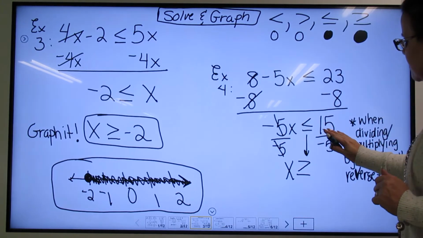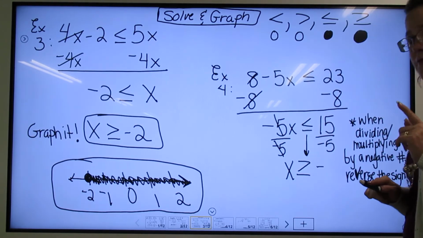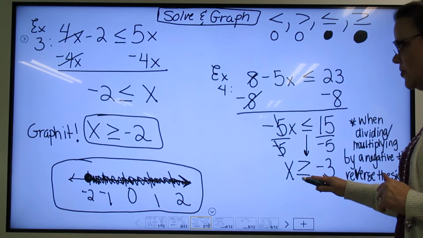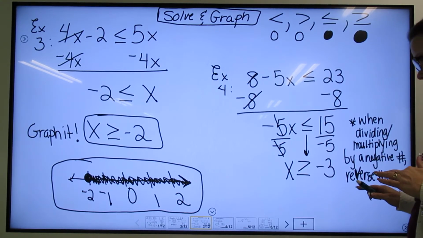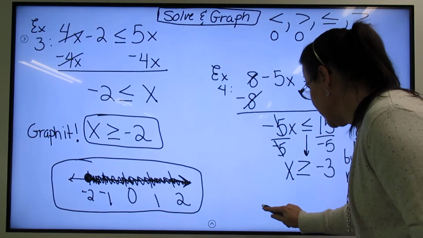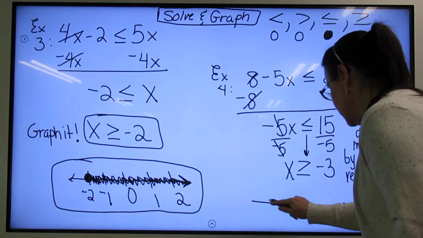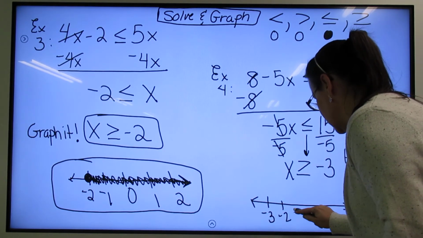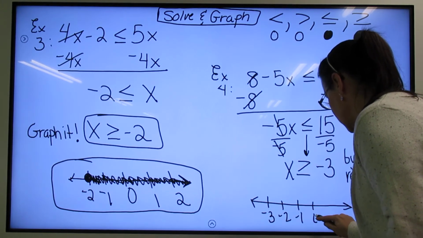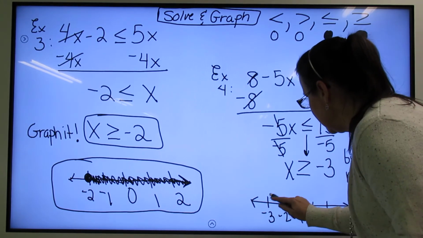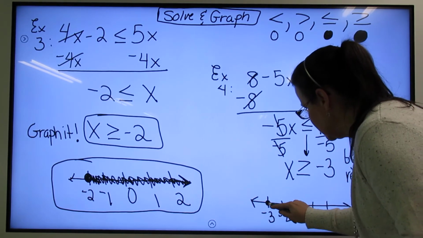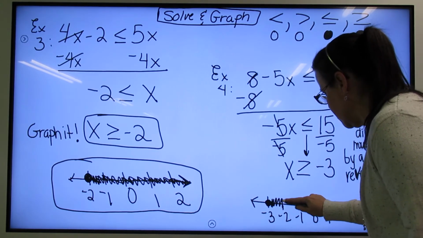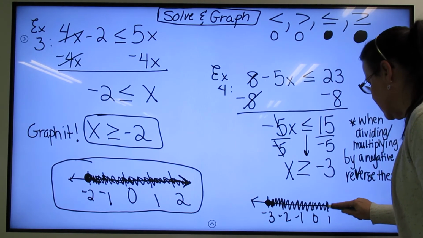And then positive divided by negative is a negative. 15 divided by 5 is 3. And x is greater than or equal to negative 3. And if you had to graph it, and then it's equal to, it means it's a solid circle, and that means any number is going to be equal to or greater than negative 3.